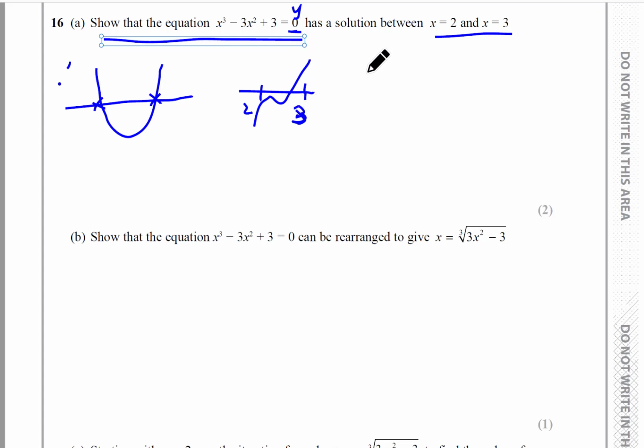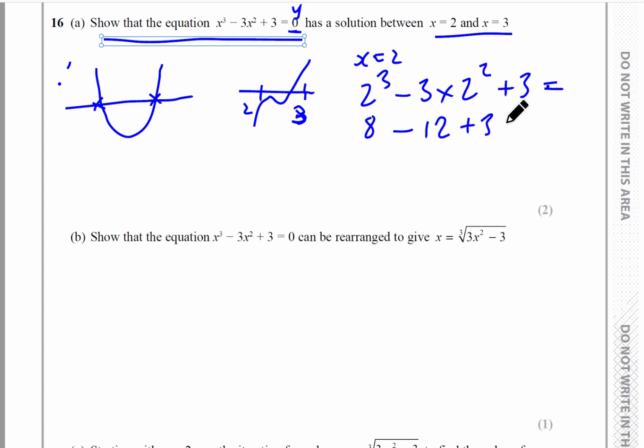So what you do is you let x equals 2 and substitute that into this formula above. So we get 2 cubed minus 3 times 2 squared plus 3. What is that going to equal? That's going to equal 8. Do the indices first. Minus 12 plus 3. And that answer is minus 1.